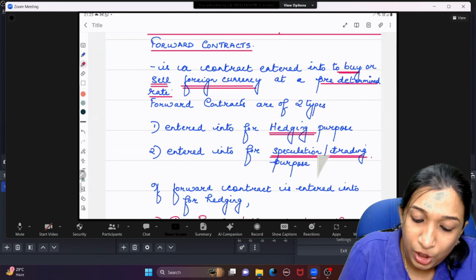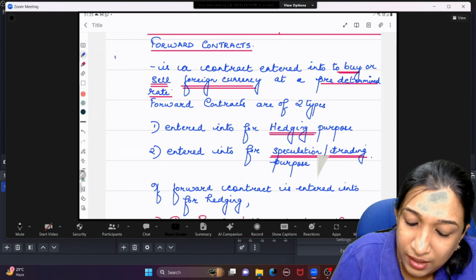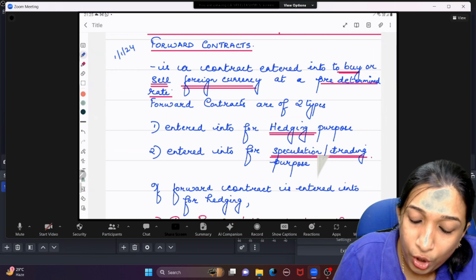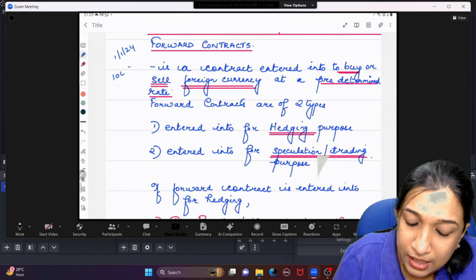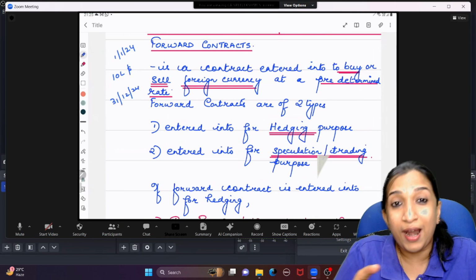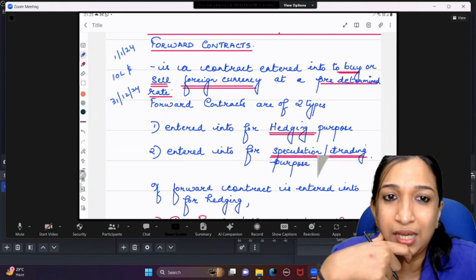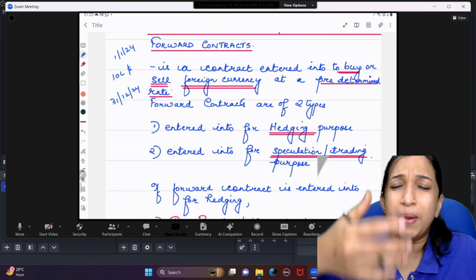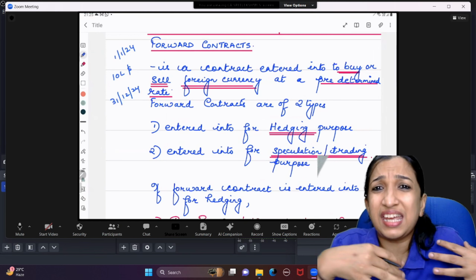So you are entering into a contract on 1st January 2024 to buy $10 lakh on 31st December 24.